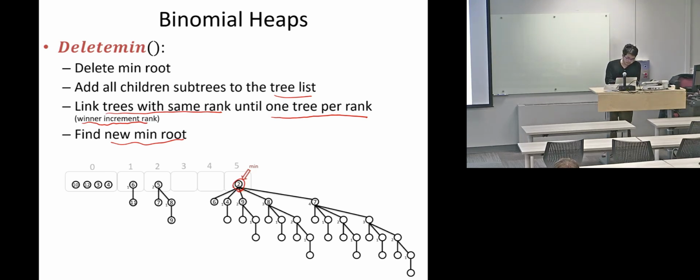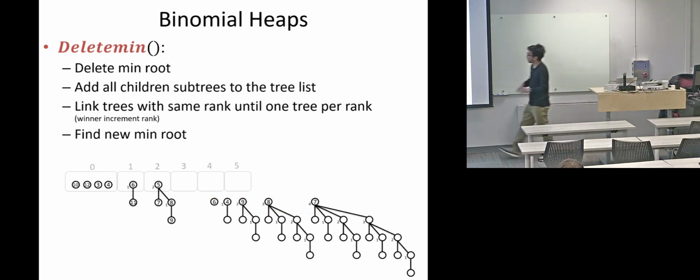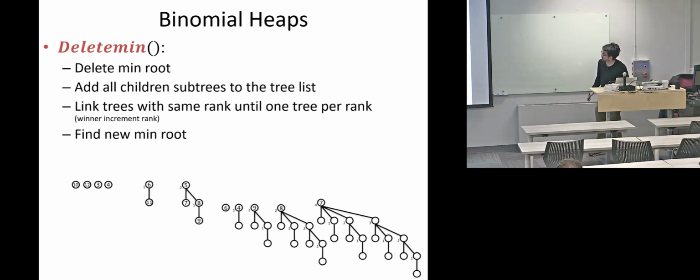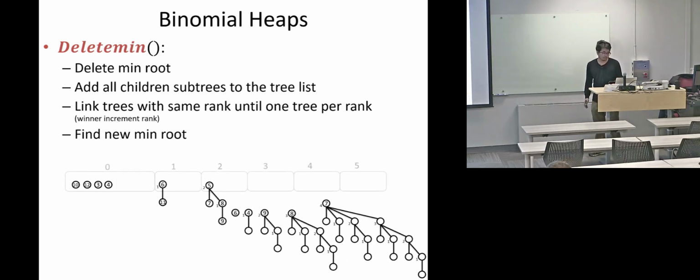We're just gonna delete the minimum root, right? So we delete that guy. We have a bunch of subtrees from the children. We're gonna need to add all these guys to the tree list here. Okay. So I'm just gonna rearrange the slides a bit. And just add each of these guys to the list.